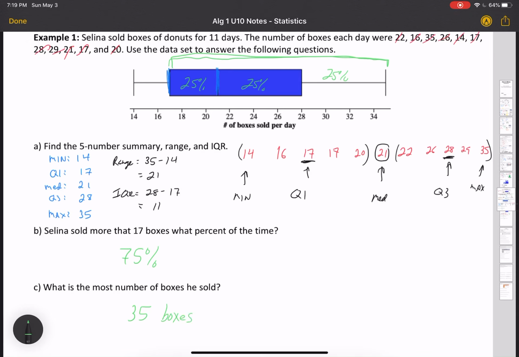Okay? So that's kind of an intro to box plots. Each interval represents 25% of the data. Okay? So questions like example 1b, those are going to pop up a lot on the worksheets and in the next You Try Now. So make sure you practice that. I will scroll down so that you can see the answers, and then that'll be good for box plots.